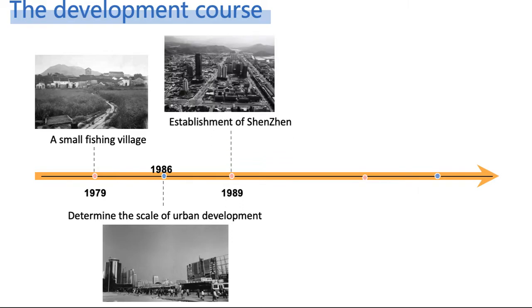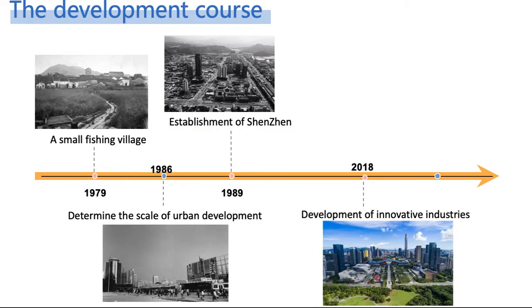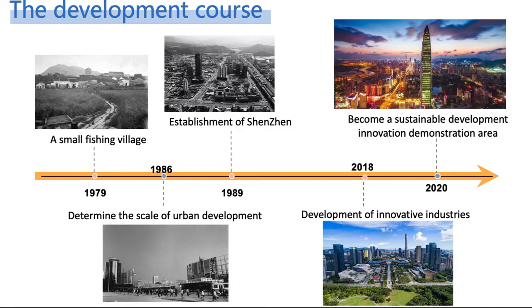In 1989, Shenzhen was established. And in 2018, Shenzhen developed innovative industries. And now in 2020, it has become a sustainable development innovation demonstration area.